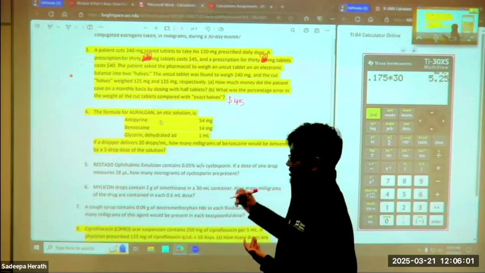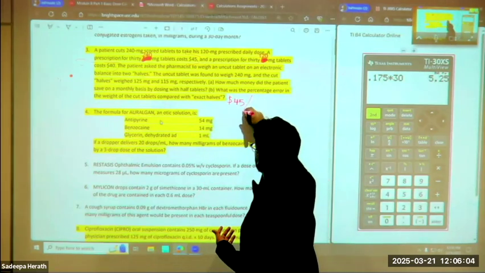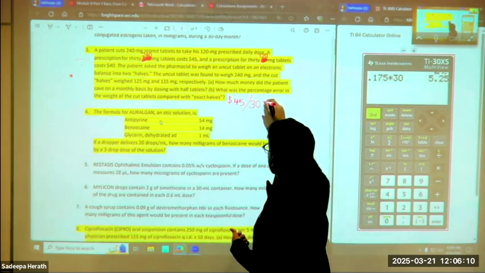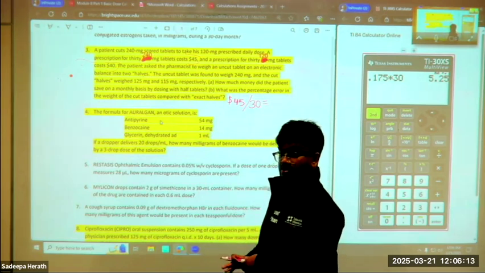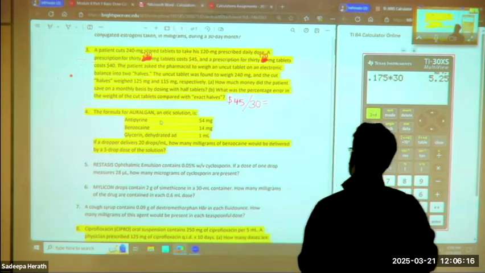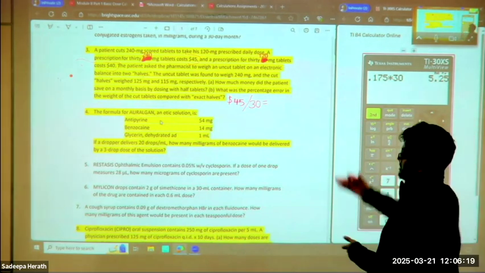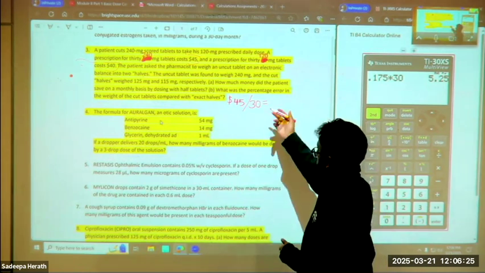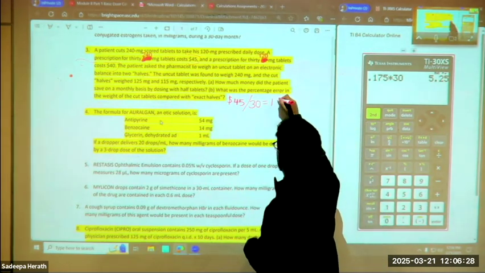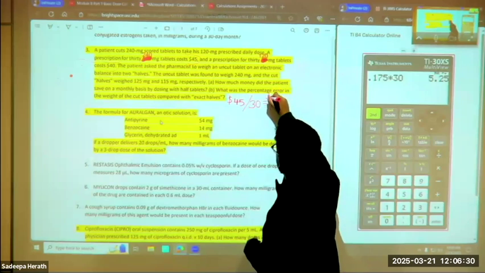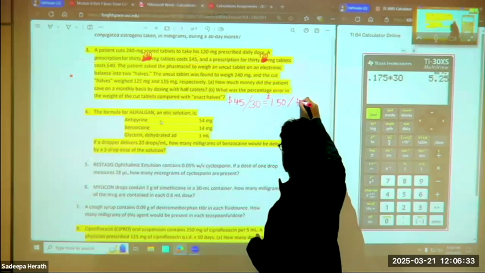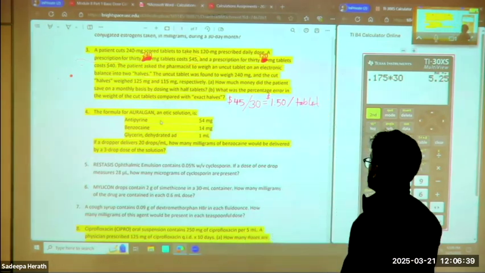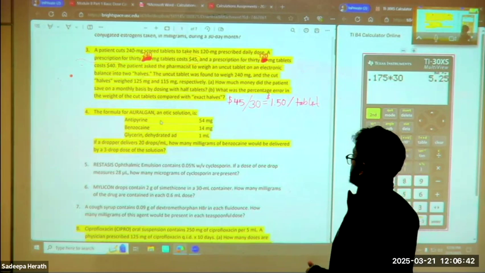So that's how we set up our units. $45 divided by 30 tablets, to find out how much it's going to cost per tablet. You could just plug it into the calculator. It's going to be 1.5. So $1.50 per tablet.